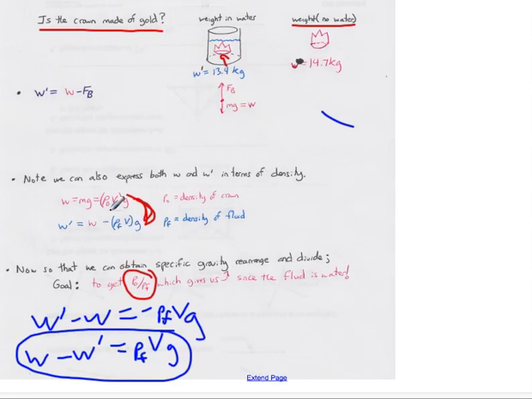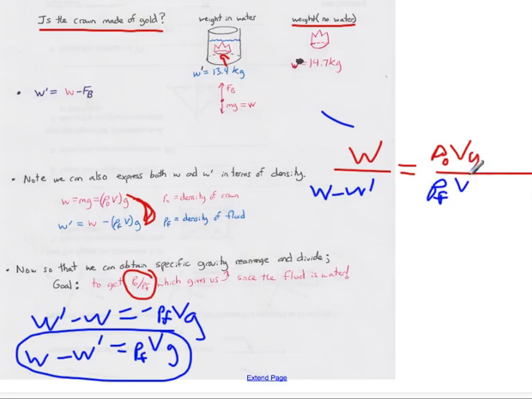So I think that we should divide the first equation by the second. So if we come over here, I'll try to color code it so you can follow me, and we'll say that we'll have W divided by, and what we had was rho_O V g, right? And then I'll get blue, and we'll divide it by what we had down there, which was W minus W prime, and we had rho_F V g.